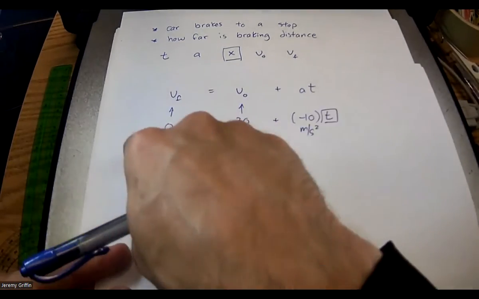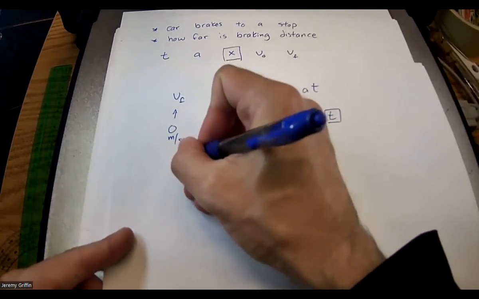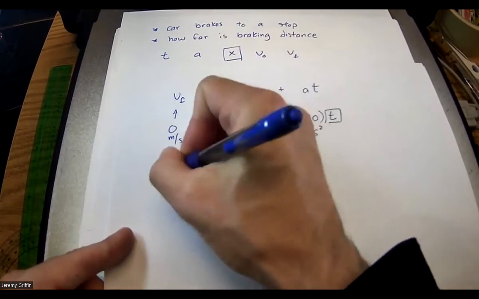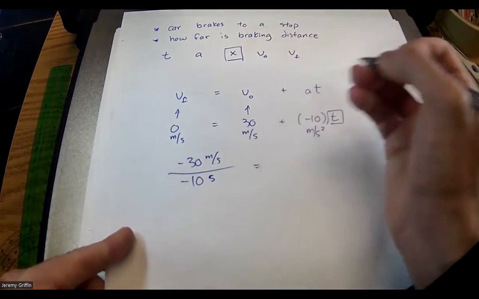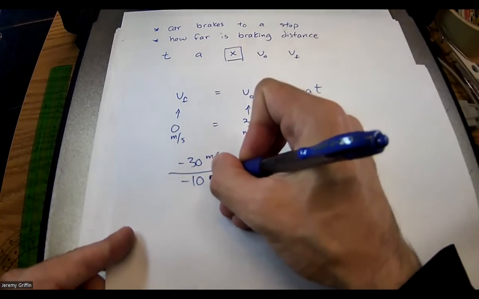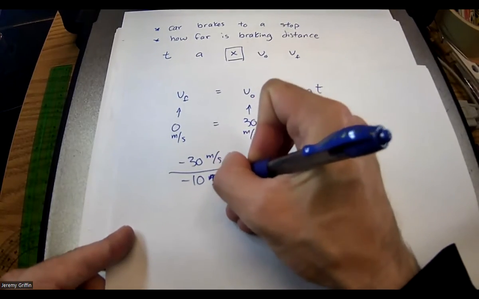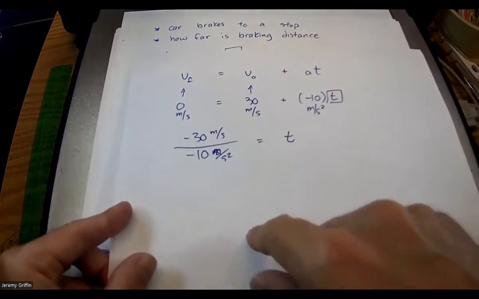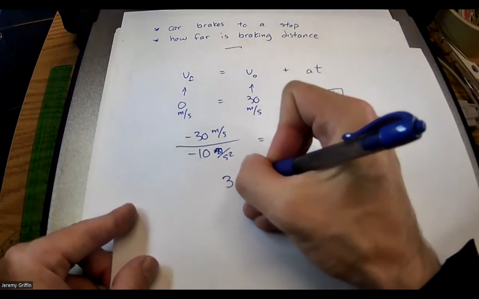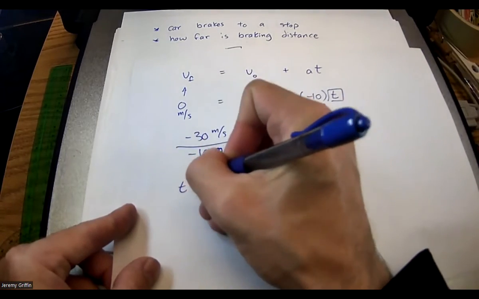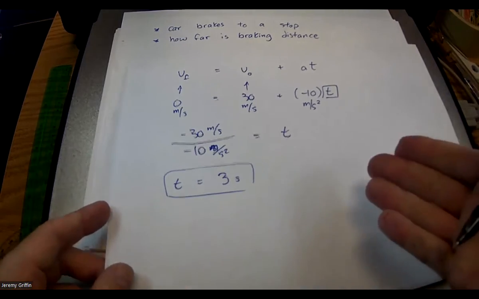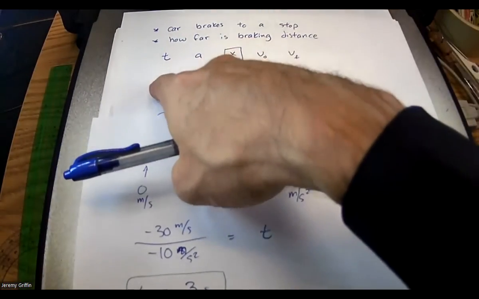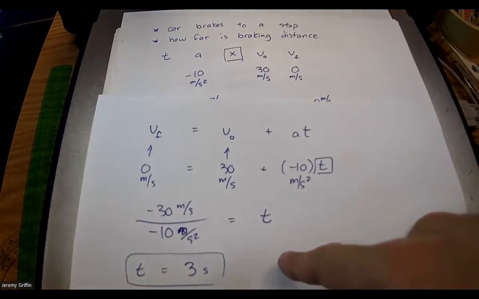We subtract 30, divide by -10, so it's -30 meters per second divided by -10 meters per second squared is the number of seconds. Do you guys see it's going to be 3 seconds? Great. So we have a 3-second braking time for this particular scenario.